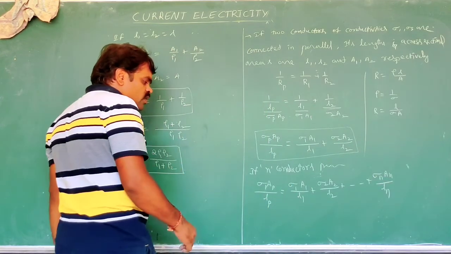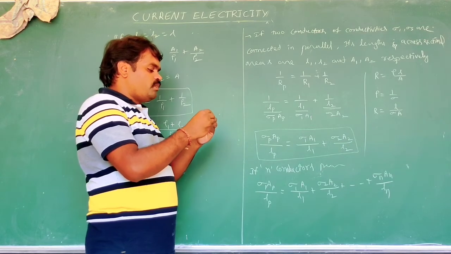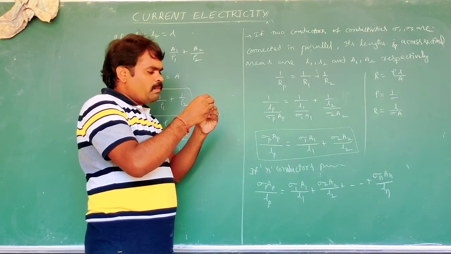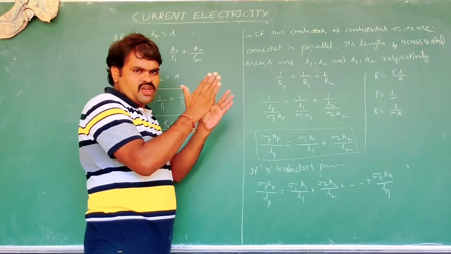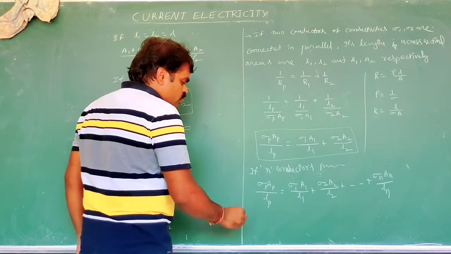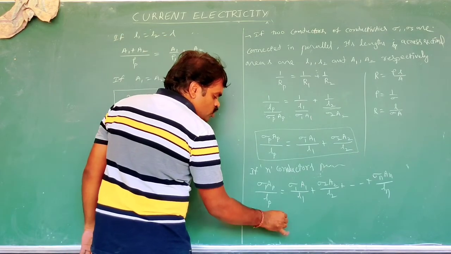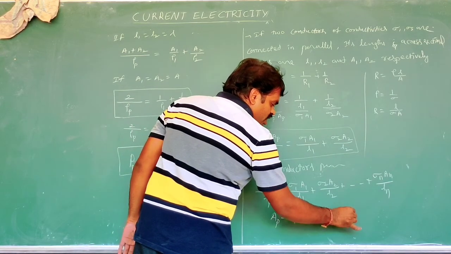But when conductors are connected in parallel, only the cross-sectional area changes, while the length of the respective conductors will be the same. That's why AP changes to A1 plus A2 plus dash plus An.